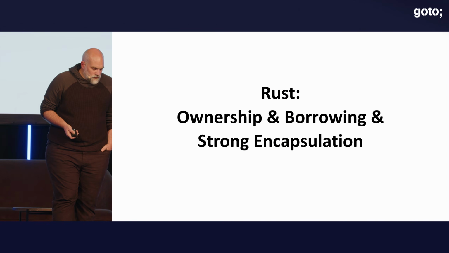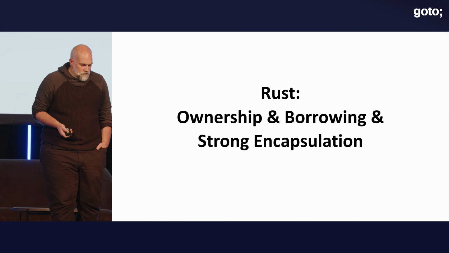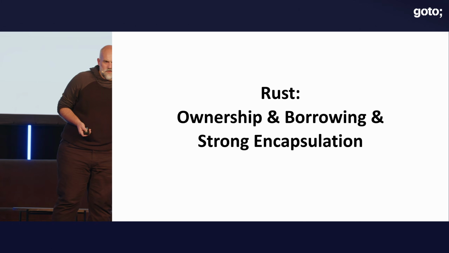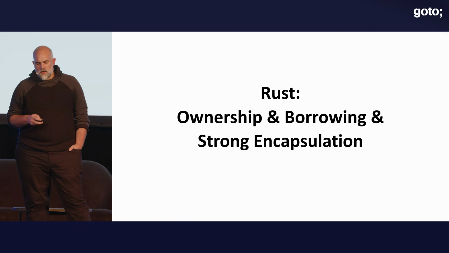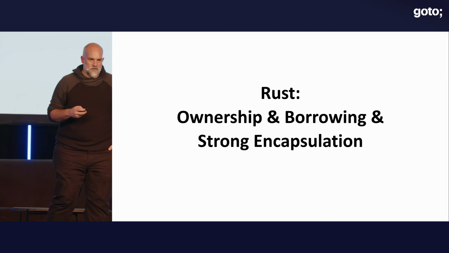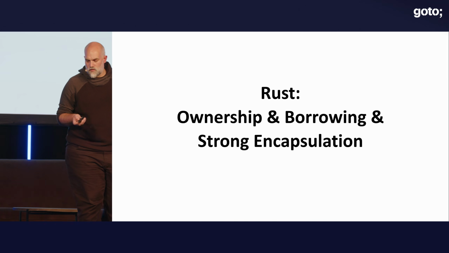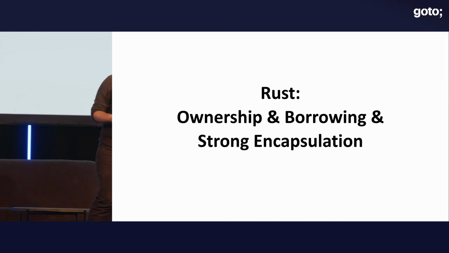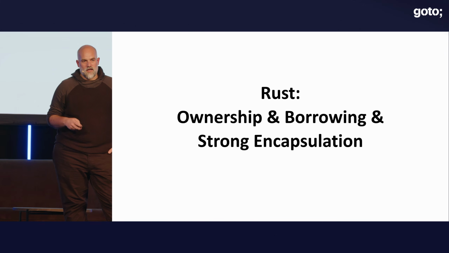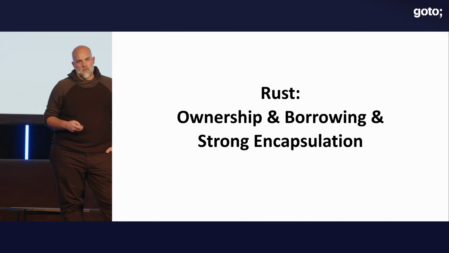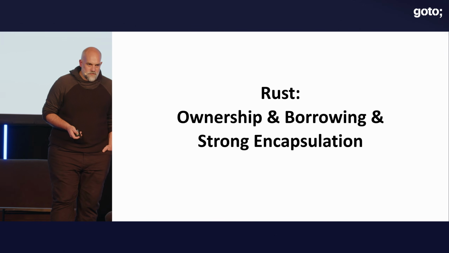So, Rust, from my perspective, suffers from this: we talk a lot about the mechanics of how resource management is done, ownership and borrowing, and not a lot about the repercussions and how they also relate to encapsulation.